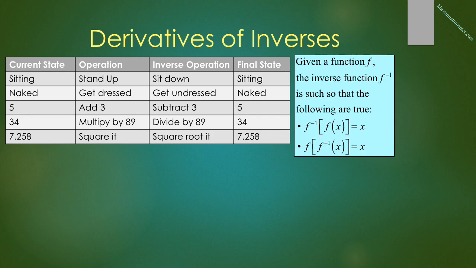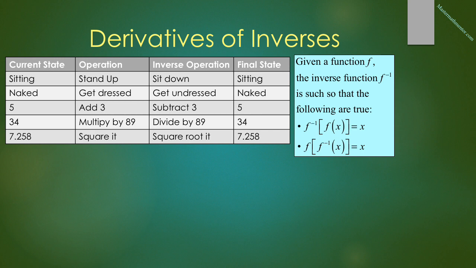So our definition of an inverse function is this: given some function f, the inverse function f inverse is such that the following are true. f inverse of f of x equals x, and f of f inverse of x equals x.